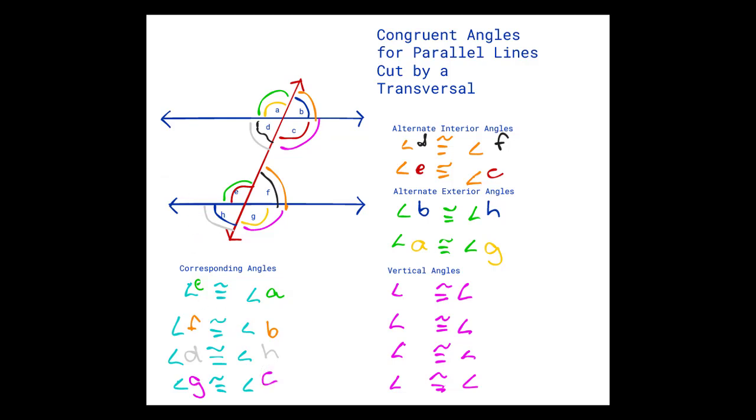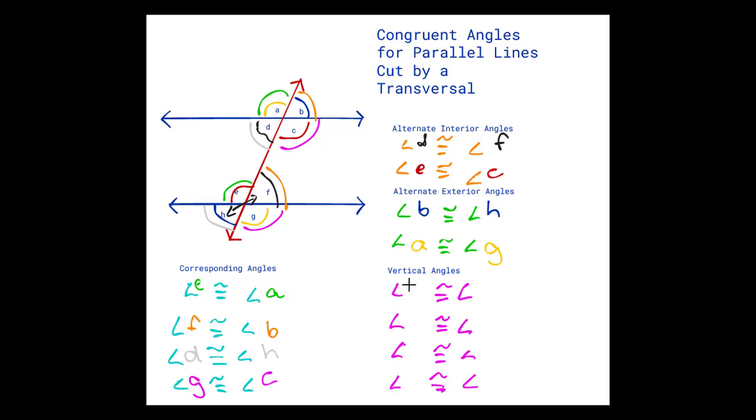Okay, so now we're going to look at vertical angles. And vertical angles meet at the vertices, which is this point right here. So the angle opposite is going to be congruent.